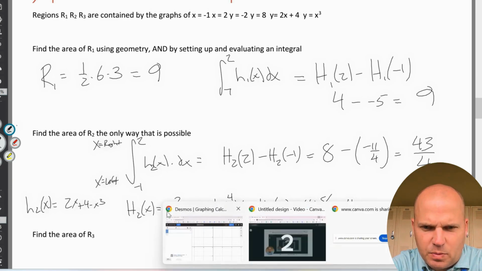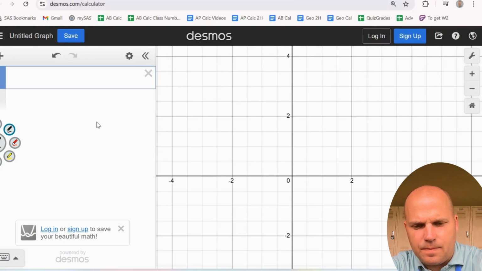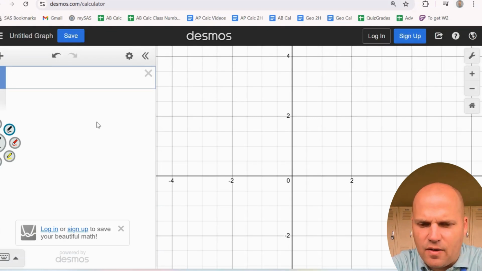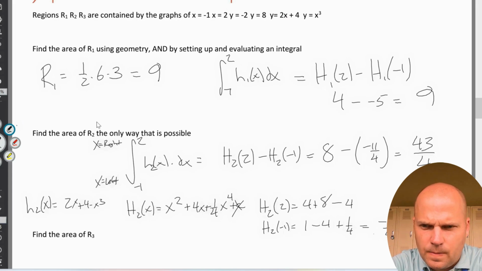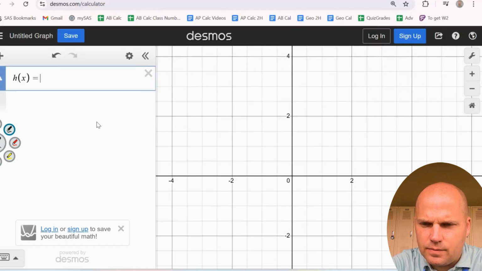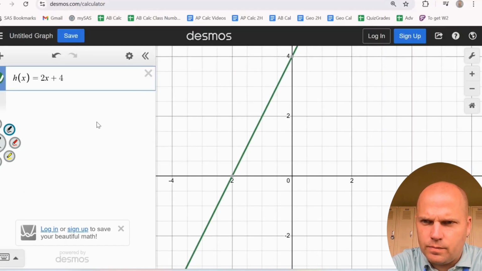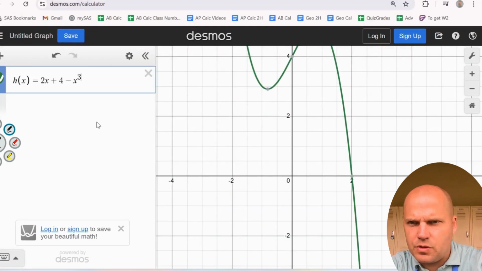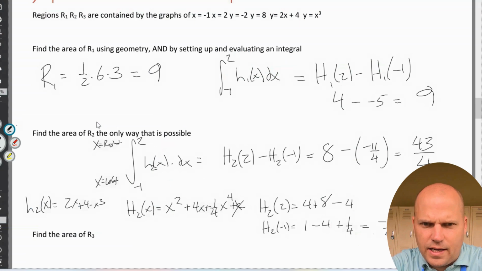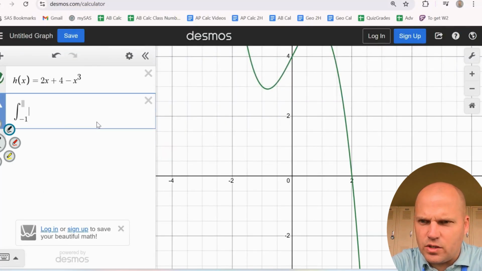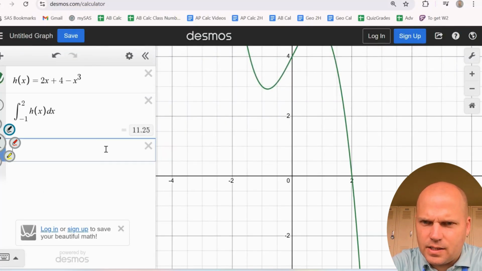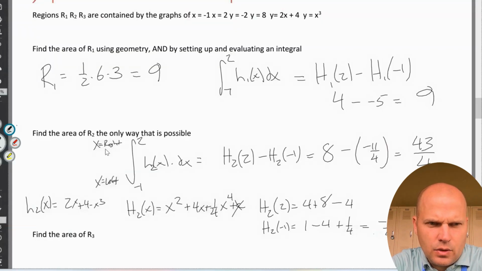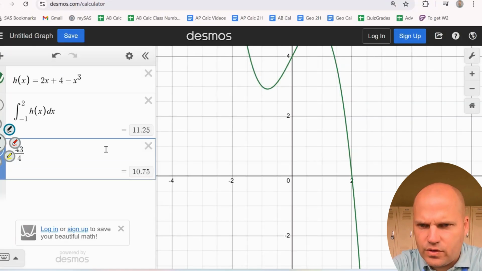I'm gonna get out Desmos because it is nice to see. If I have a height that equals 2x plus 4 minus x cubed, and if I accumulate that height from -1 to 2, I get 43 fourths.